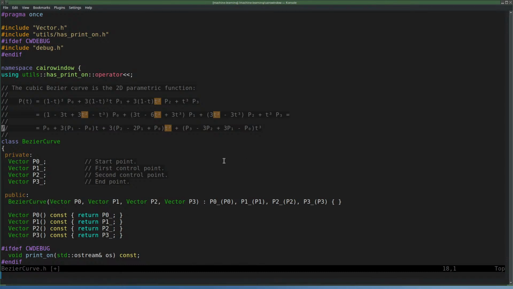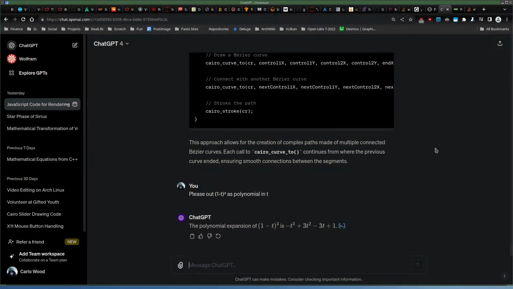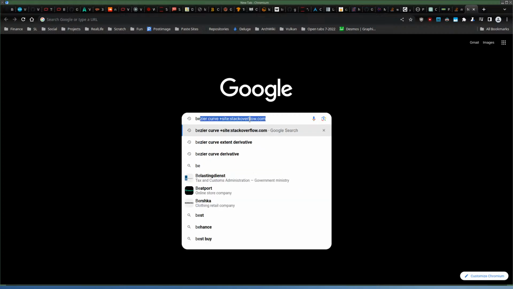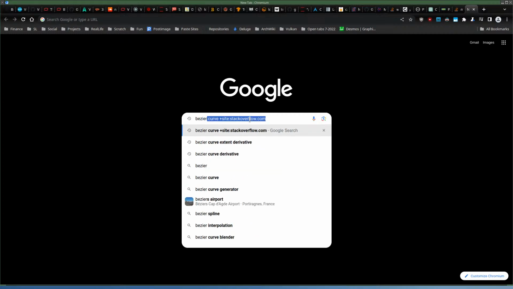Because ChatGPT doesn't know the difference between a plus and a minus. Yeah, I should be able to find it on Wikipedia.